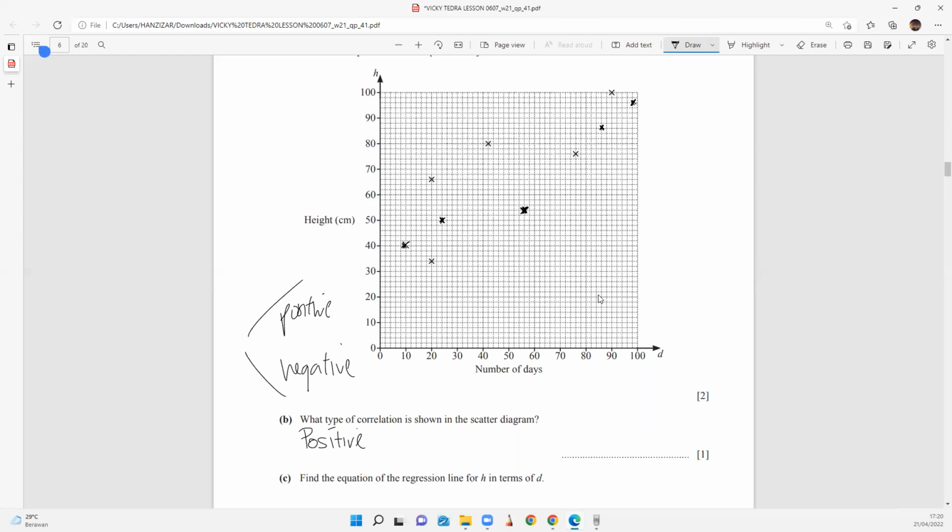And is it strong or weak? As you can see, it is quite moderate. It's not too strong, and it is not weak also, but it has the outliers here. So if you ignore this, it is strong, right? But we have to admit that the plot is located here. So it has to be weak.